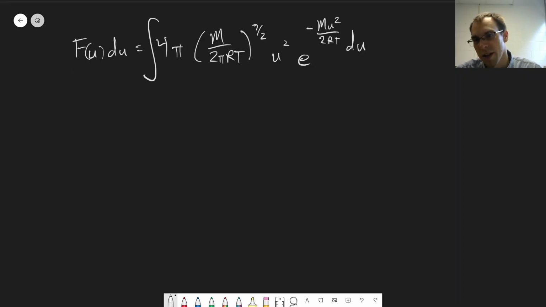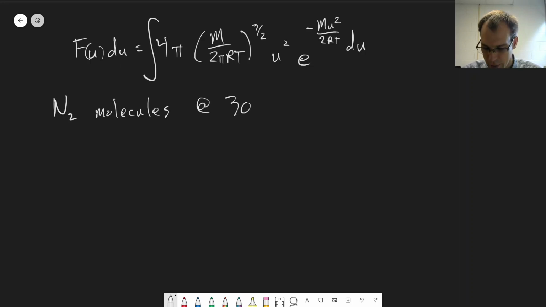So let's do an example here. Let's say we have nitrogen molecules, and I pick nitrogen because it's what most of our atmosphere is made out of. And we're going to say they're in air at 300 Kelvin, so just at room temperature.